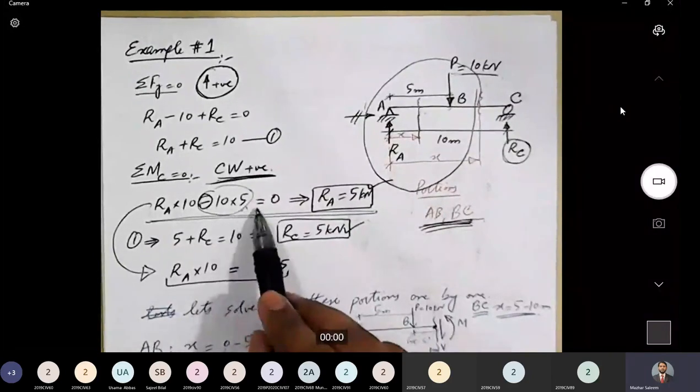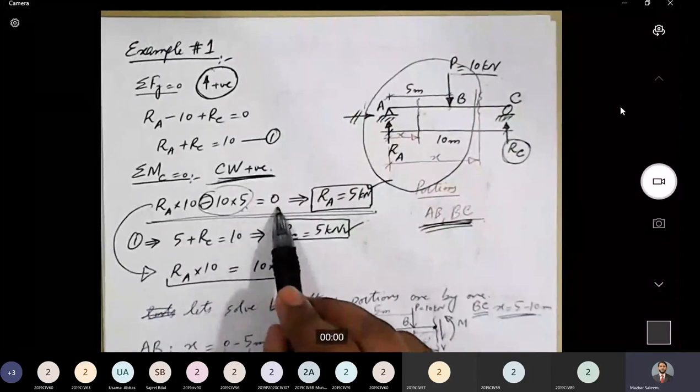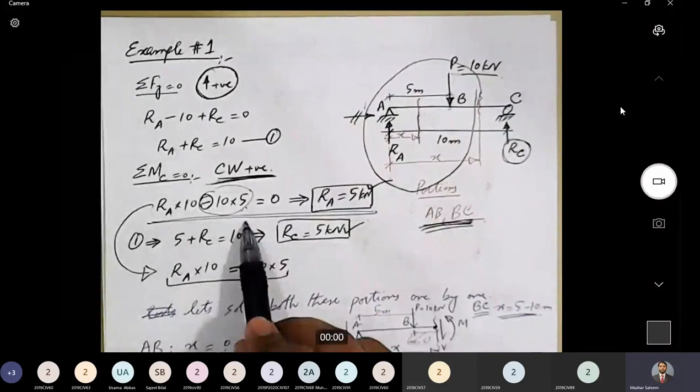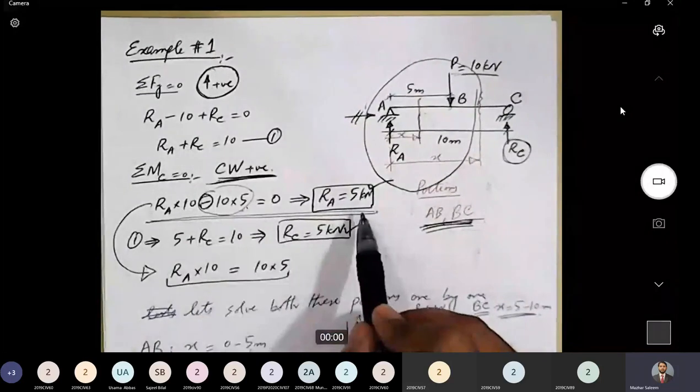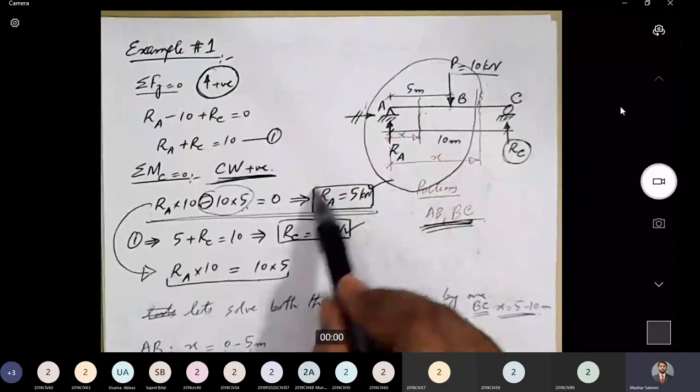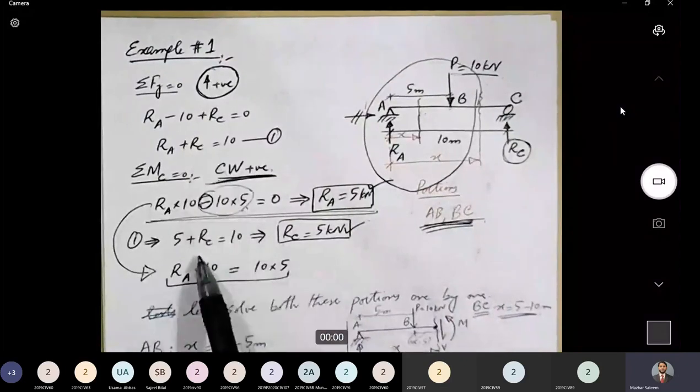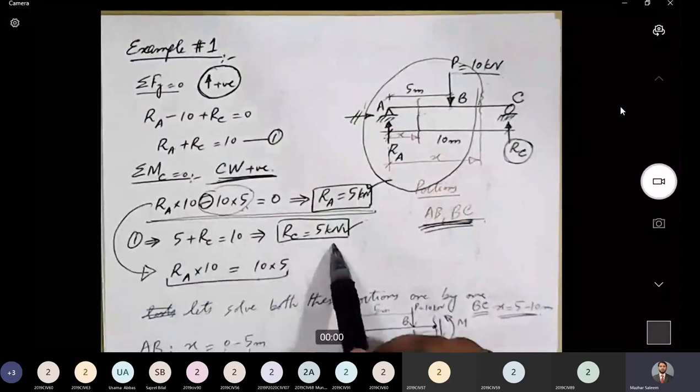So that's why this equation will end here. We'll put it equal to 0. And now in this equation, we have only one unknown, Ra. So if we rearrange this equation, we get Ra is equal to 5 kilonewton. Next, if we put this value of Ra in equation number 1, we get Rc equal to 5 kilonewton as well.